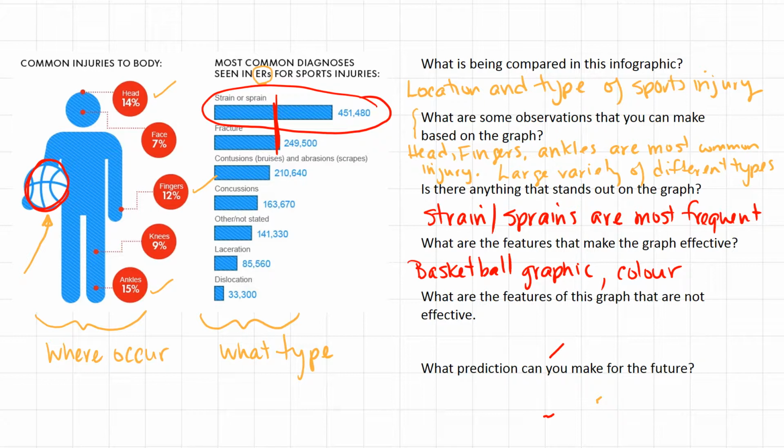And what are the features of this graph that are not effective? So not all infographics are perfect. I think that the most significant problem, and this is very common in infographics, is the size of these red circles. This 14% circle is the same size as the 7% circle. Really, to be more effective, I think one should be twice as large as the other to show the size difference.